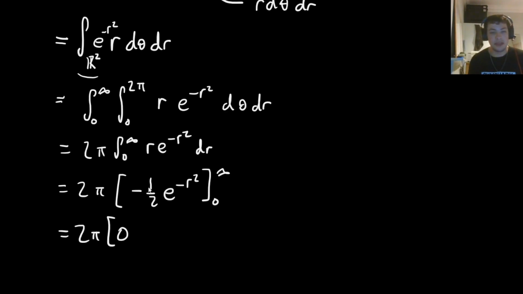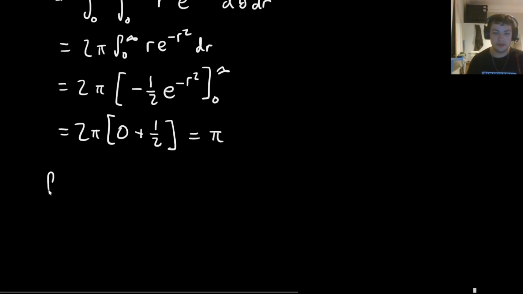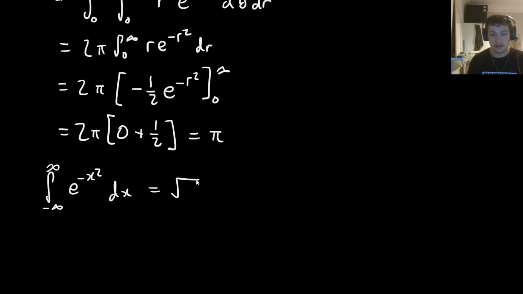Then this is going to be plus 1/2 at 0, because it's minus a half, but then we're subtracting it, so we get plus a half, because this is going to be 1. So we get pi. And so that means that the integral from negative infinity to infinity of e to the negative x squared dx is the square root of pi.